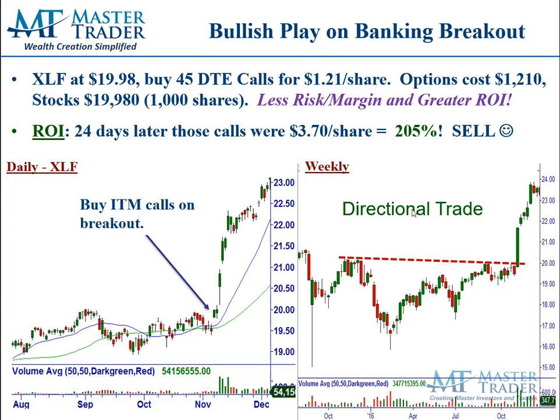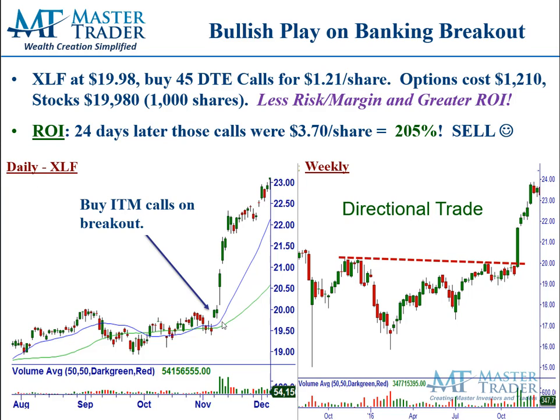Here's an example of a directional bullish trade using a long call option. Long means you're buying it. You aren't short the call option, you're long the call option. XLF is the financial ETF, so that represents a basket of financial stocks that we trade as a stock.